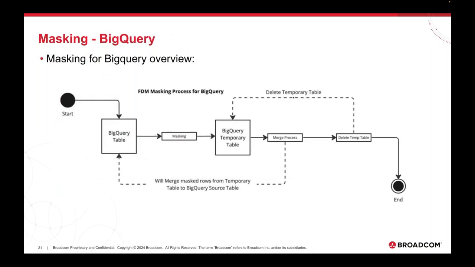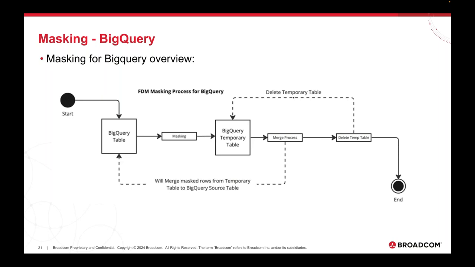BigQuery is a different database. There are some limitations on their side, so we need to build a new framework just for BigQuery. So we do the masking in a different way than we do for normal databases or Cassandra and MongoDB.